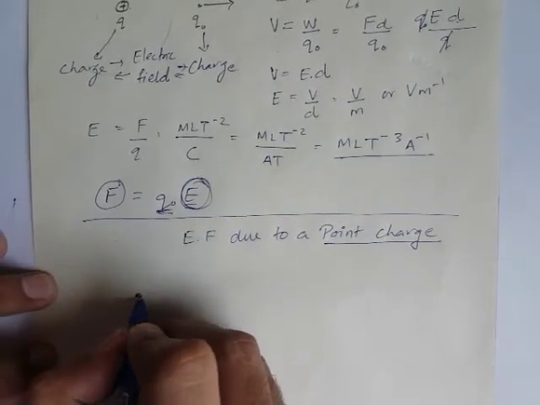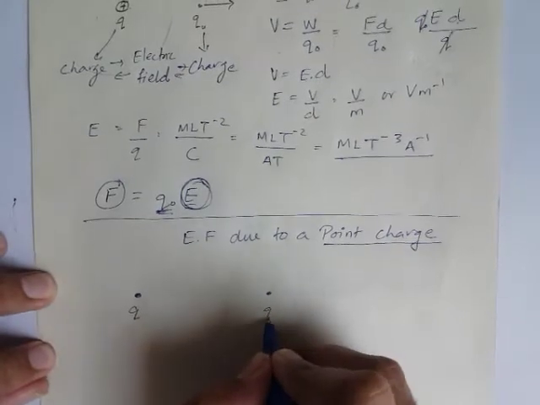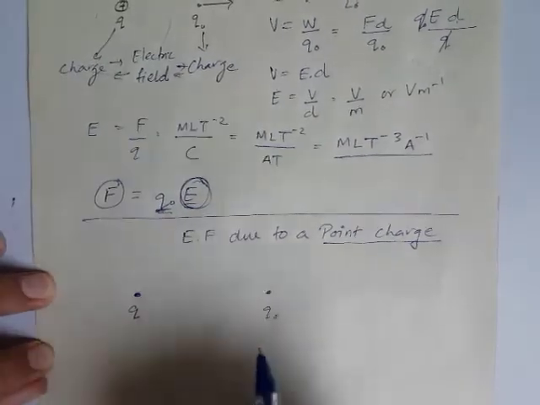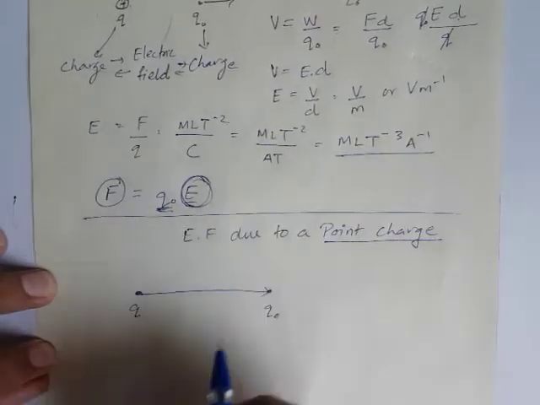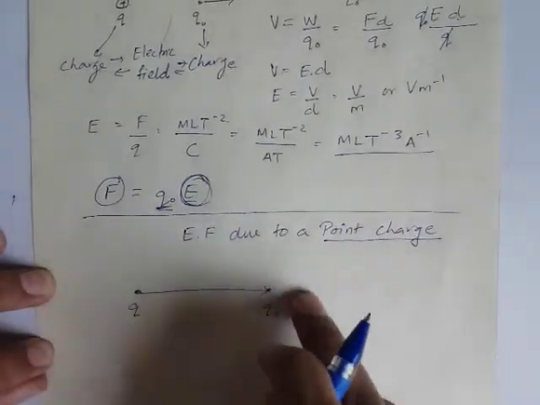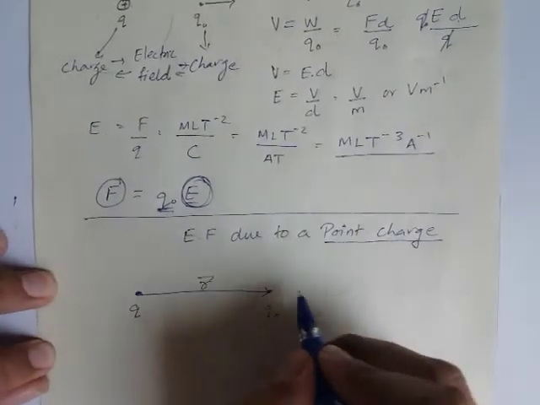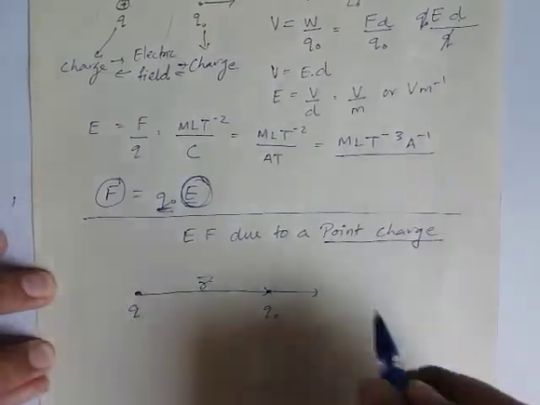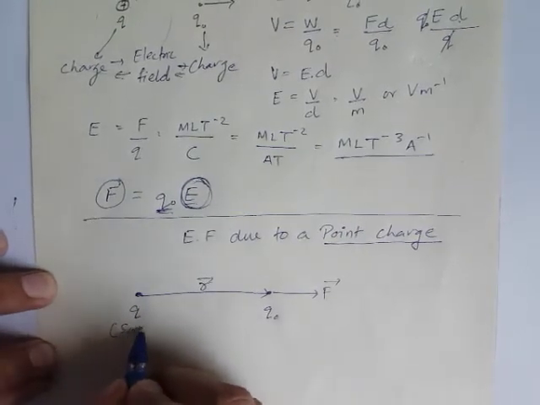So here it is a source charge, that is Q, and we place a test charge Q naught. If we connect this, then it gives the position, at what distance it will be. And the force is in the same direction, along the position from the source charge.